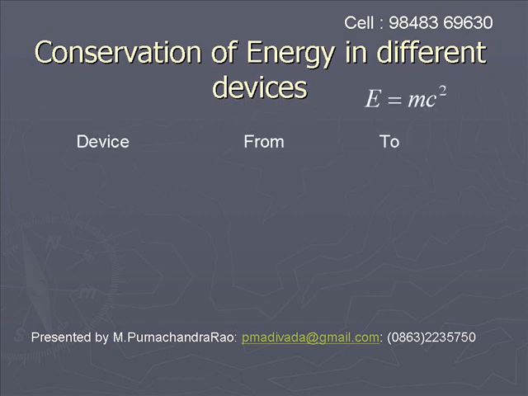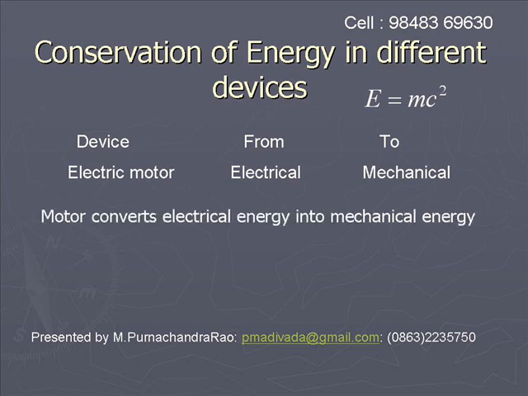This is the relation between mass and energy. Let us take the devices and look at the initial form and the final form. If you consider electric motor, initially it will be electrical current and finally it is mechanical work. So electric motor converts electrical energy into mechanical energy.